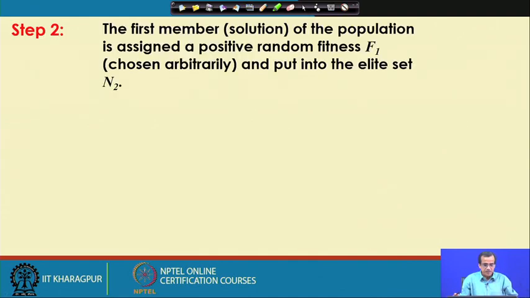Now, step 2: the first member or solution of the population is assigned a positive random fitness F1. This capital F1 is chosen arbitrarily at random, say 10, 20, 30, or it could be 100, 1000, something like this, and that solution is put into the elite set, that is N2, which is nothing but the non-dominated set.